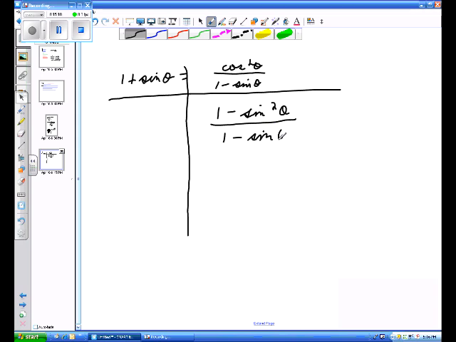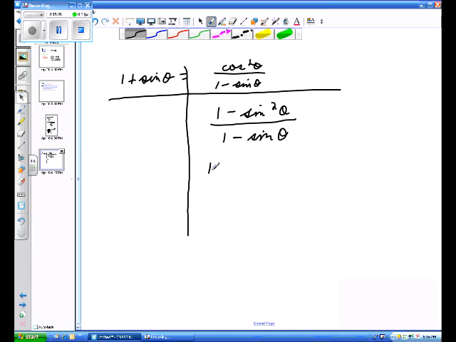sine theta. Now again, we can't cancel here because this is not in factored form. These are not common factors. So again, we're in the form of x squared minus y squared.